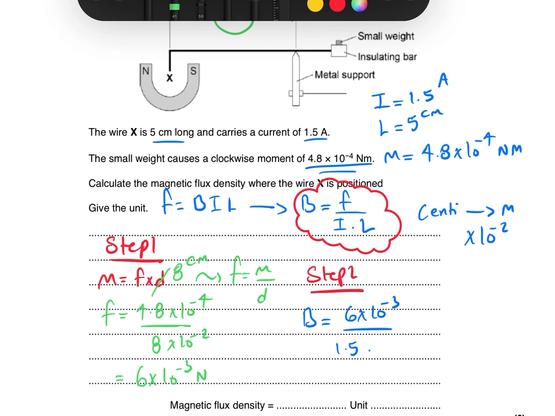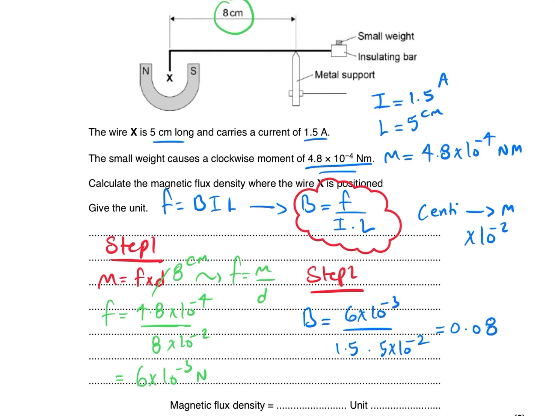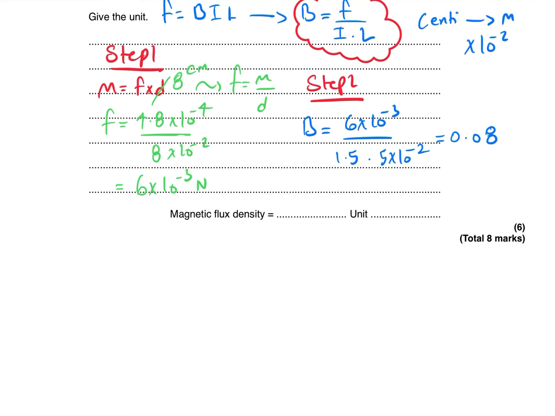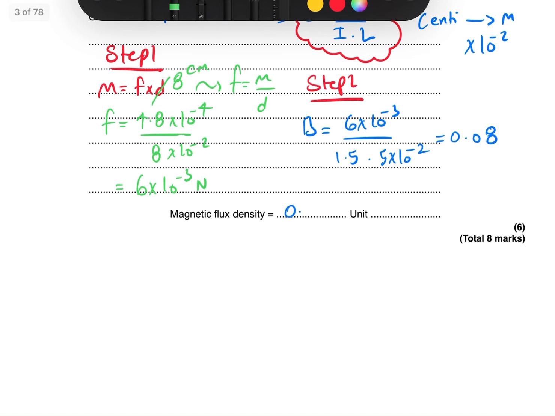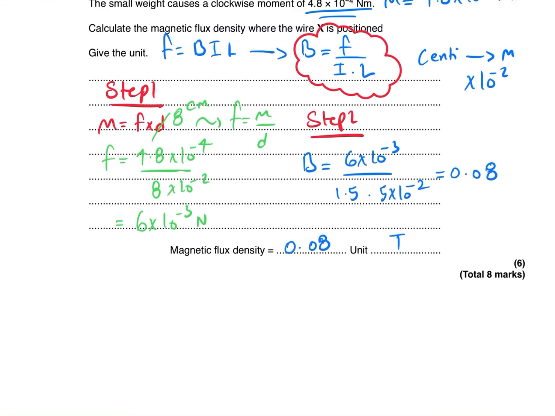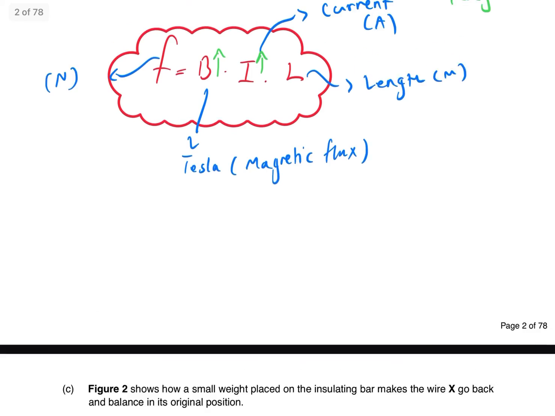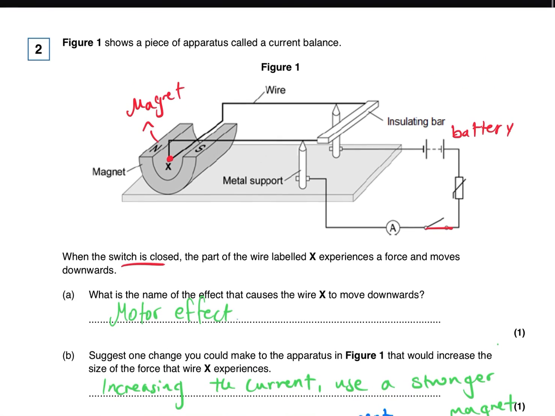So 6 times 10 to the power of negative 3 divided by 1.5 times 5 times 10 to the power of negative 2. We're going to get 0.08. They're asking for the magnetic flux density. Obviously 0.08. What's the unit? Tesla.